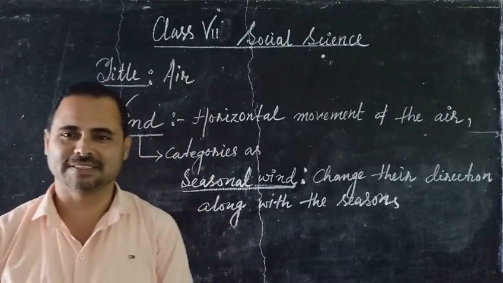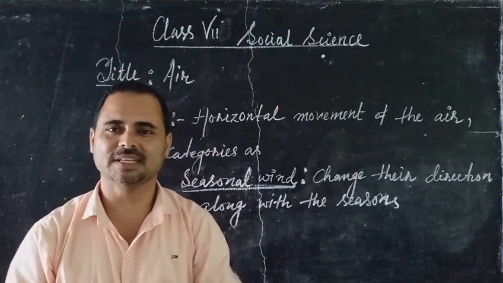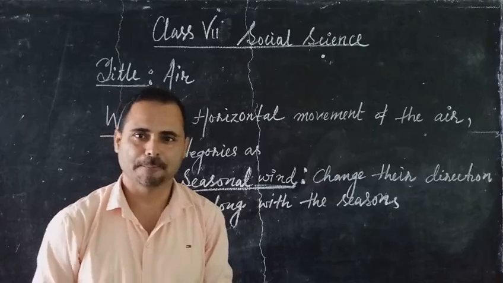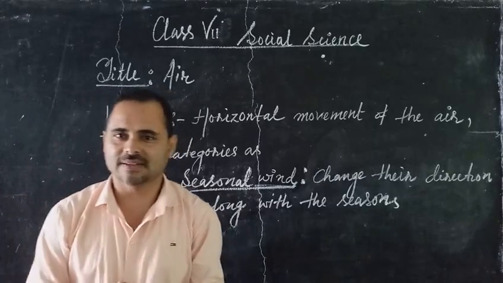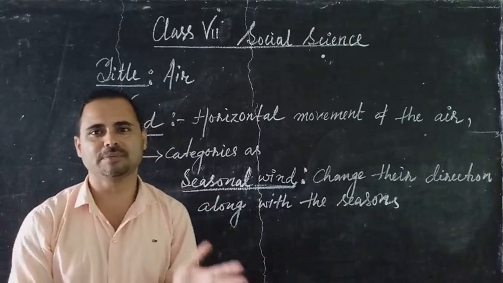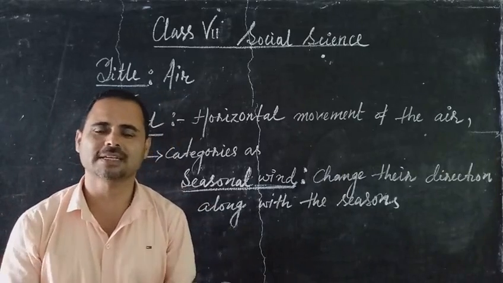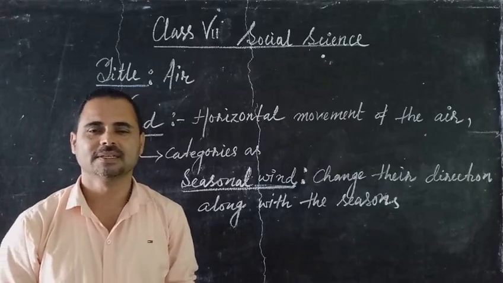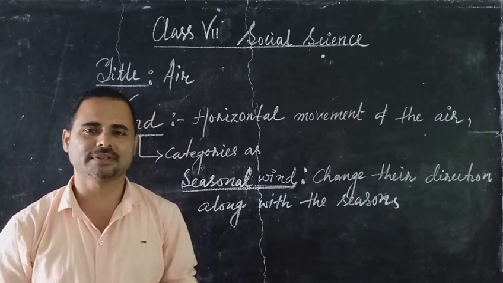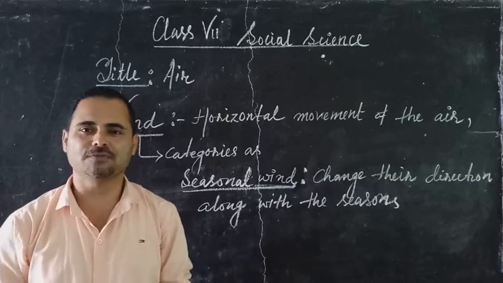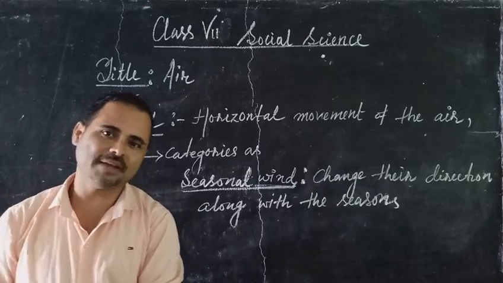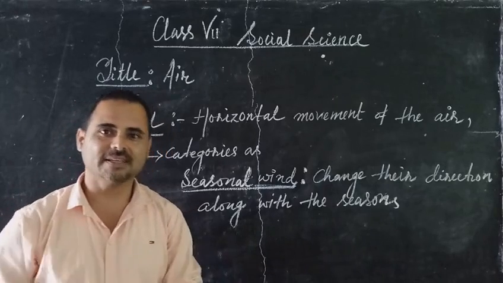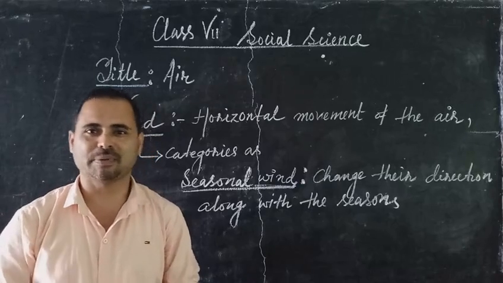Why are they called seasonal winds, and how do seasonal winds affect the weather? Let us try to understand. India is a land which has a different pattern of seasons. Not only India, all over the world the seasons are classified into different patterns. So some winds which blow from one direction in one particular season again change their direction in another particular season.